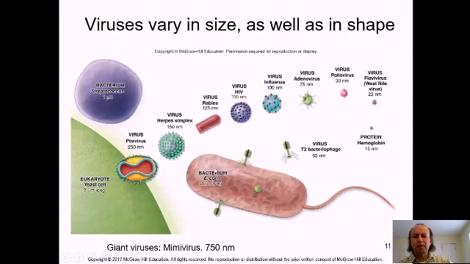Here is a very common bacterium, Escherichia coli. This is another bacterium that causes a lot of infections, usually throat infections, that is Streptococcus. And here you have all this variety of viruses, with a comparison with a protein. Some very small, some quite big.